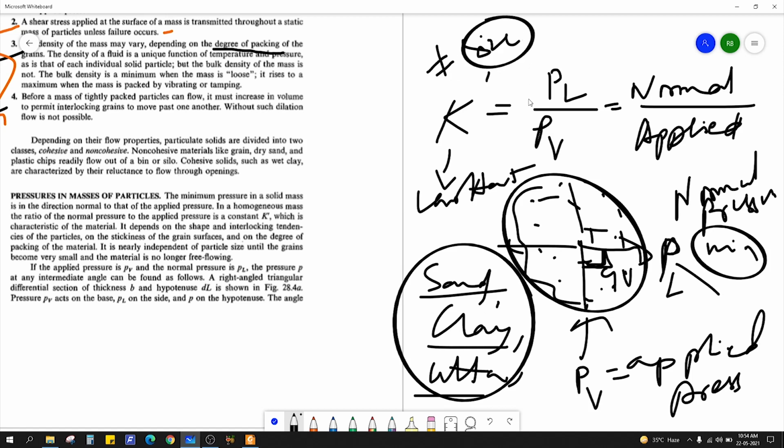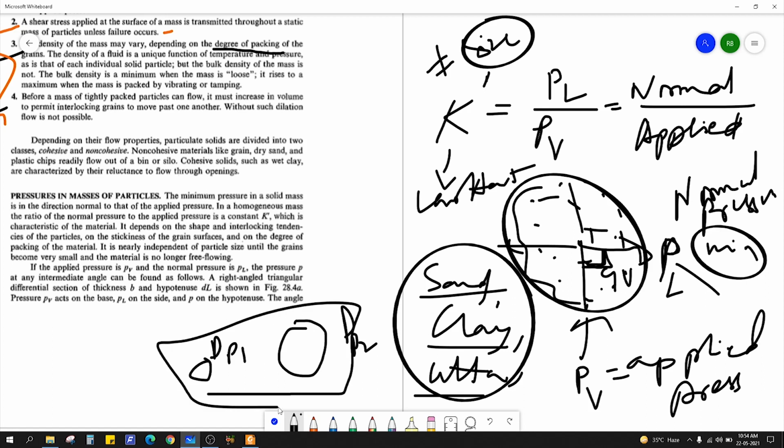Okay. So see, if I take a sand of diameter dp1, and if I take a sand particle of dp2, the K dash will remain constant for both the sizes. Okay, because K dash does not depend upon the size of the particles or grains.